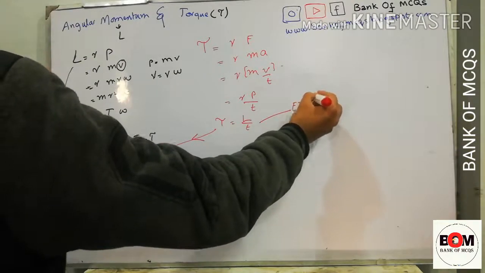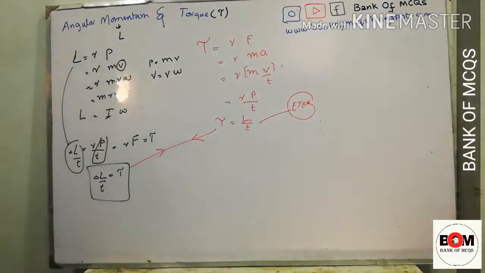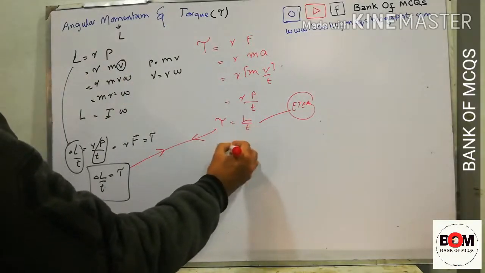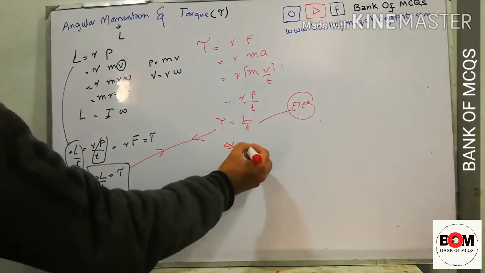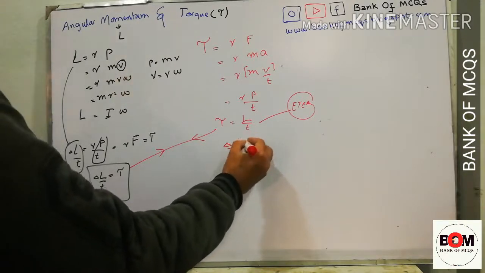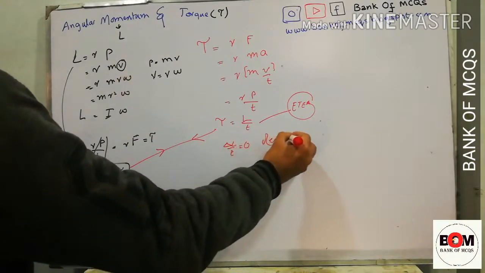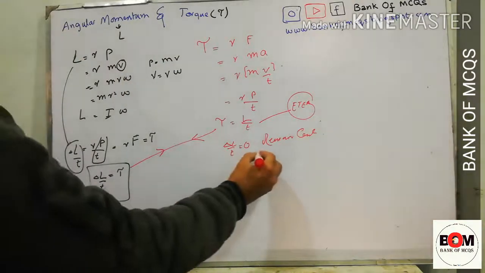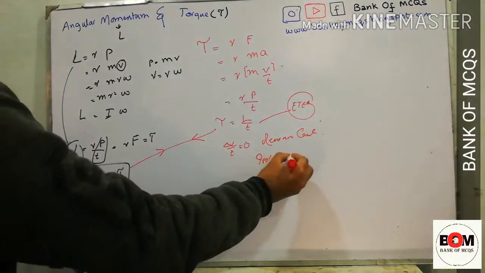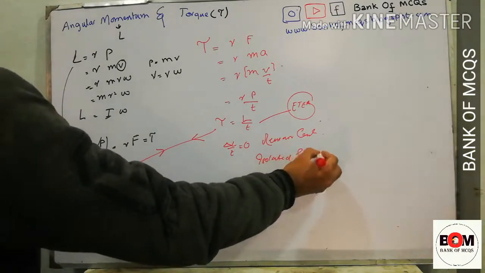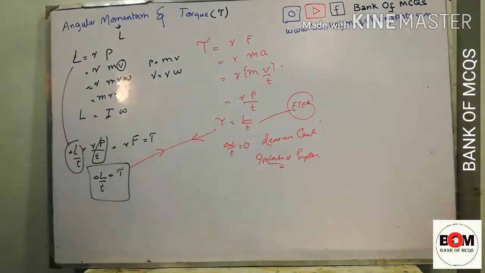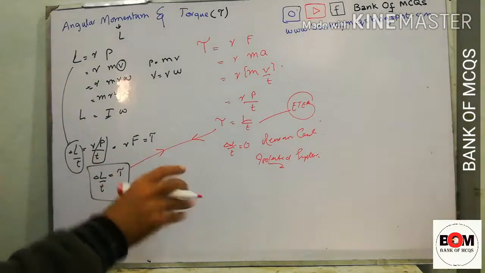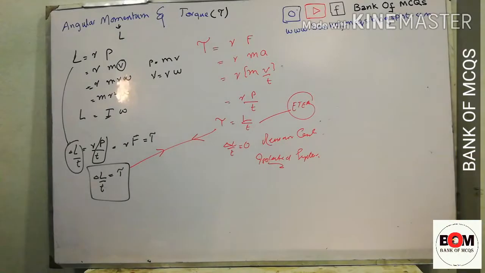Point to remember: this delta L by t is equal to torque, and delta L by delta t is equal to 0, or remains constant, for an isolated system. An isolated system is a system in which no external forces act.